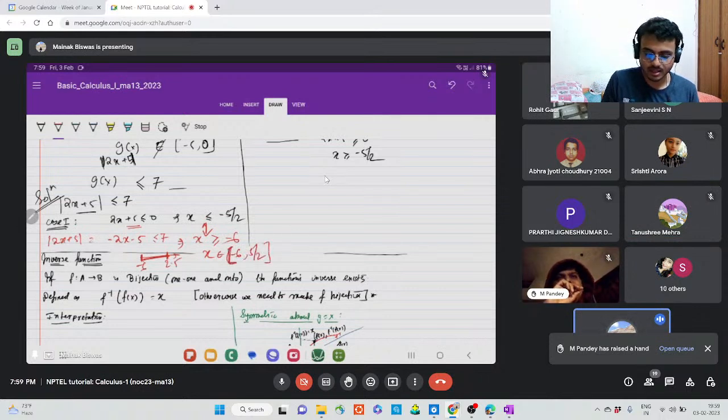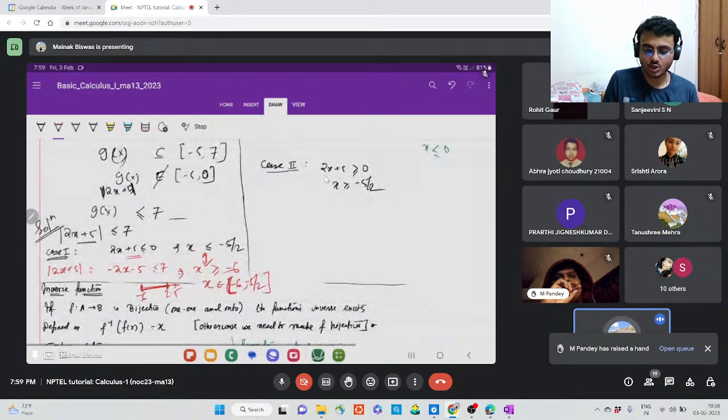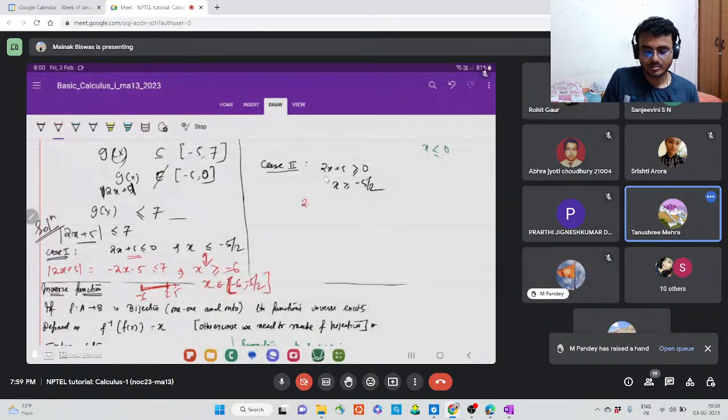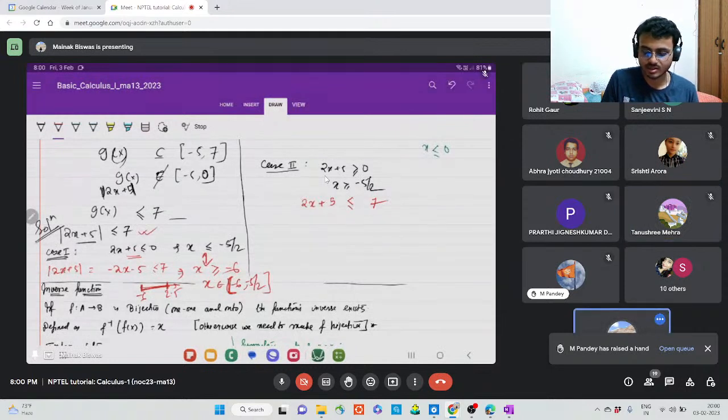Now the next part. Tell me, what should I write? Greater than minus 5 by 2 and 2x plus 5 will be less than or equal to 7. Yeah, the equation is 7.